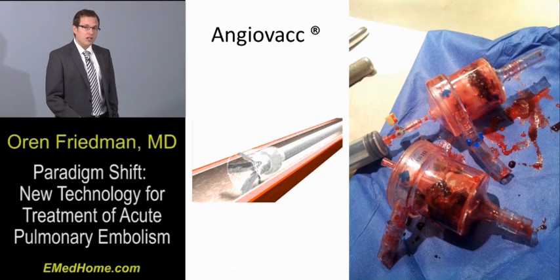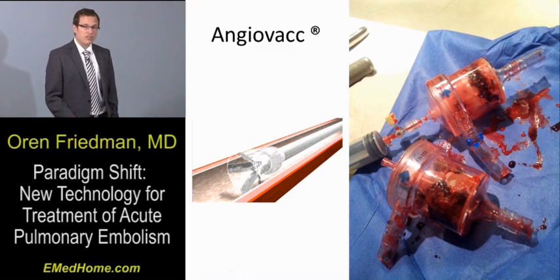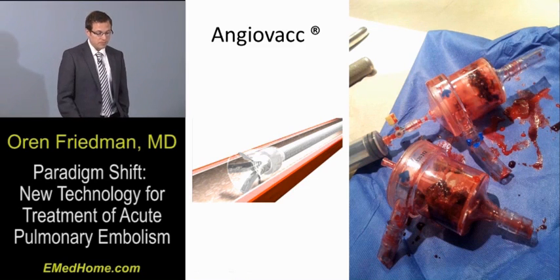By creating flow through a pump, and these are similar pumps to those used in veno-venous ECMO, for instance, you can suck the blood out through the catheter, and then there are large filters in place to catch the clot. And this is in fact a patient in whom we used this device successfully to extract clot from the lower extremity.